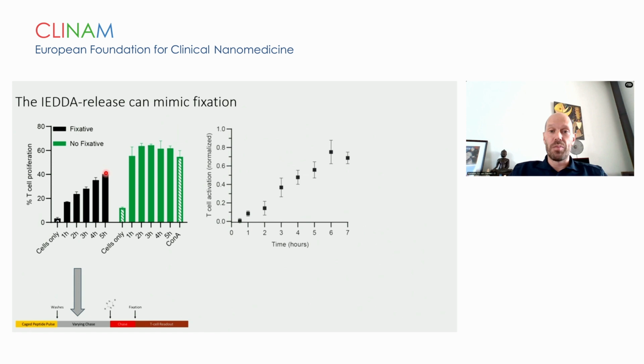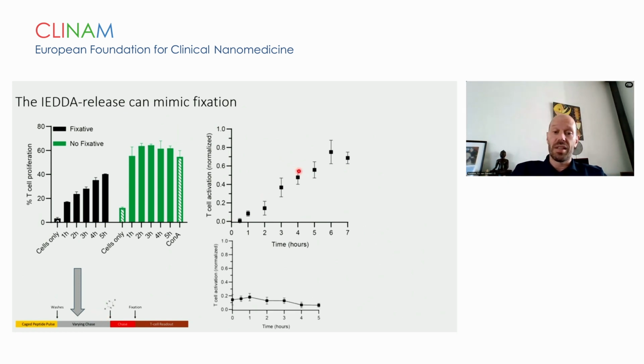And we can quite nicely mimic that by, rather than fixing, adding a tetrazine after these different chase periods that you see here. If we don't add a tetrazine, we don't activate our T cells, which is quite a nice clean system. So there's no hydrolysis of our TCO throughout the routing pathway.